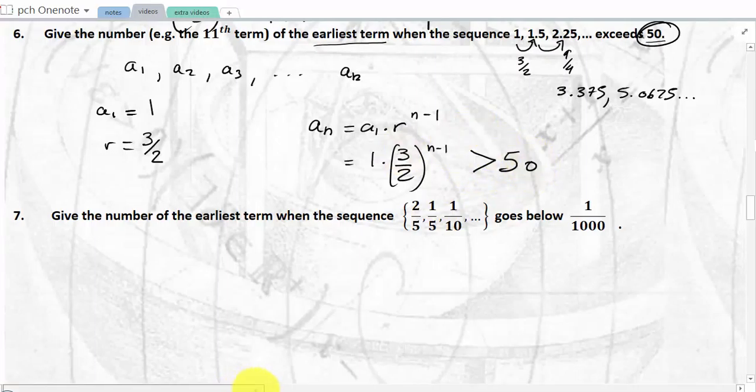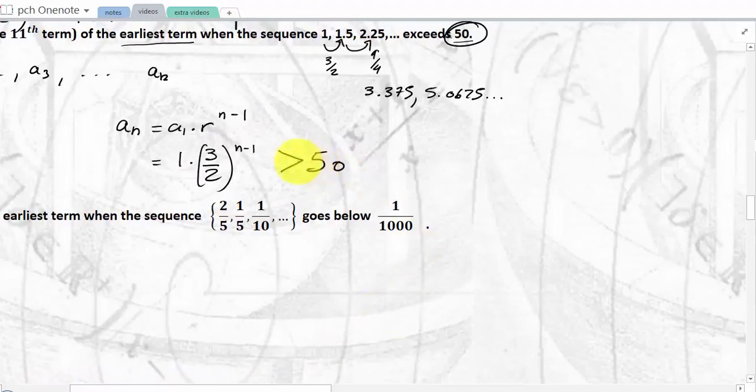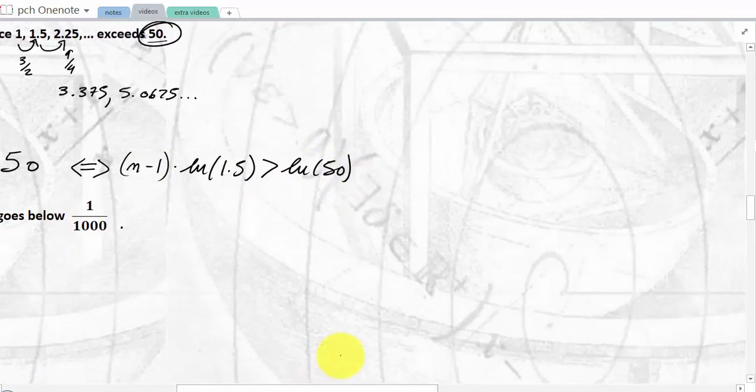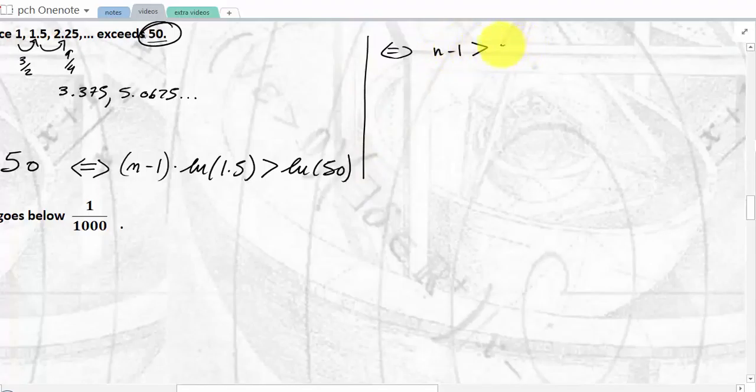You know how to solve this inequality. You take the log on both sides, and you have (n minus 1) times ln of 1.5 above ln of 50. So we have n minus 1 above ln of 50 divided by ln of 1.5.